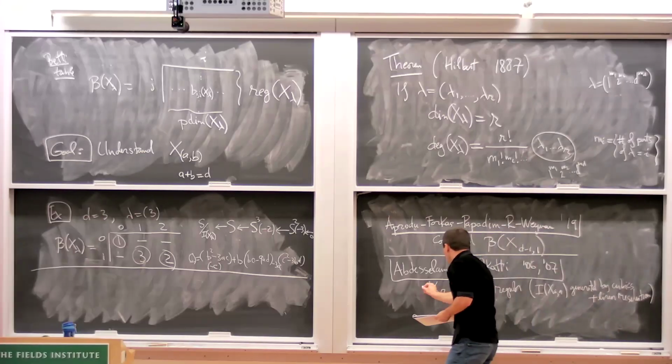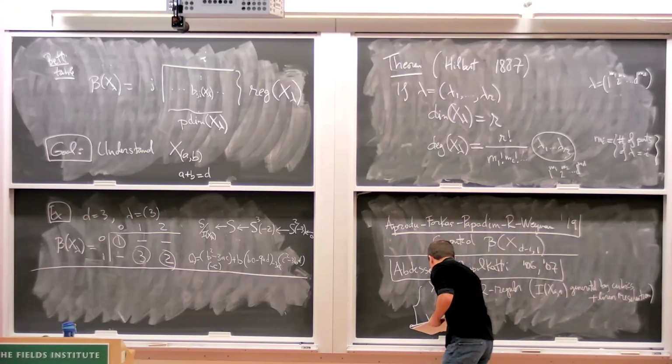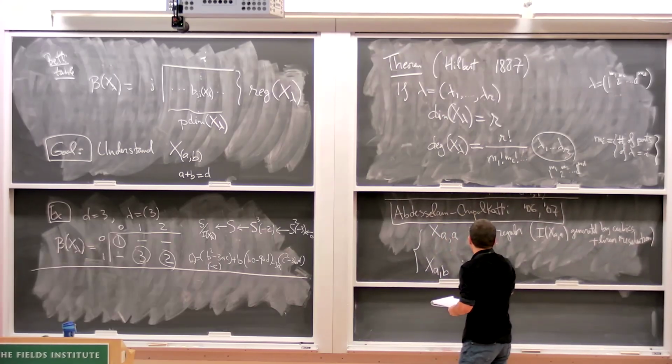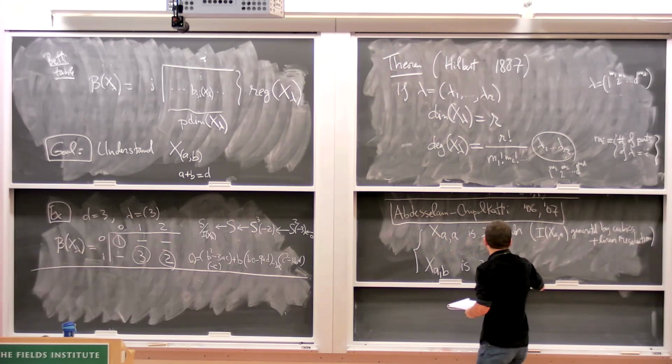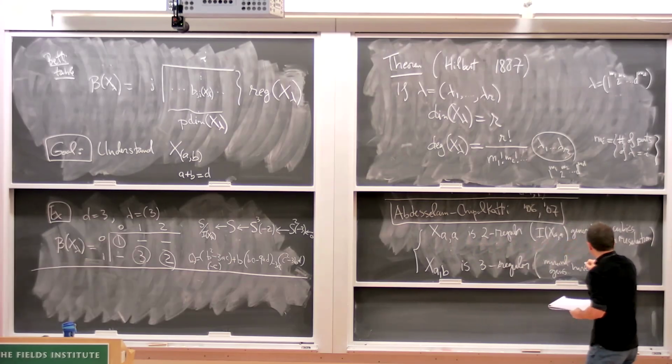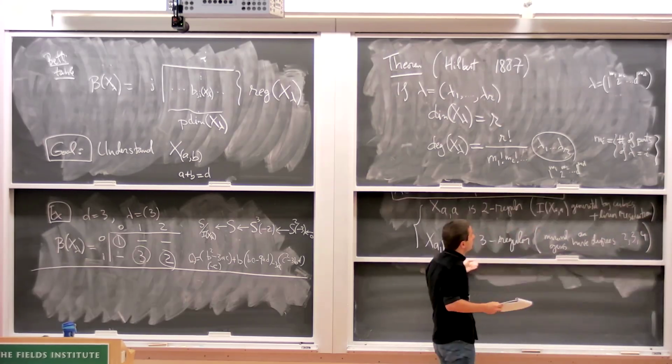And then in the case where the parameters are distinct, then this is 3-regular. But the Betti numbers are not understood. So for instance, not even the minimal generators. The minimal generators can have degrees 2, 3, 4, and maybe all the combinations.